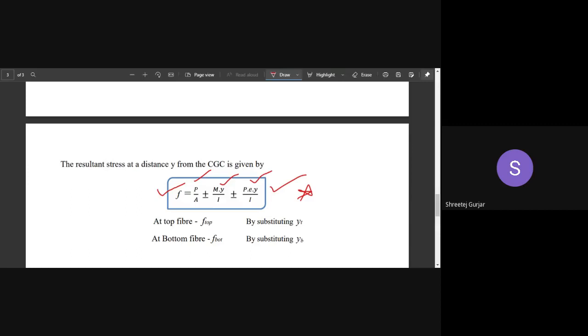Practice is important. As Sanju is suggesting, I will try to go slow for problems, but you can see that this module 1 is still yet to finish. We are just half into your first module. We have to solve numericals using the stress concept, then look into the force concept, then the load balancing concept.